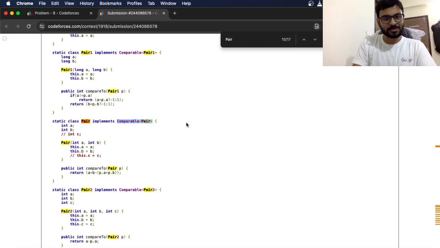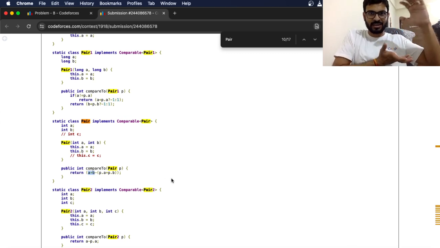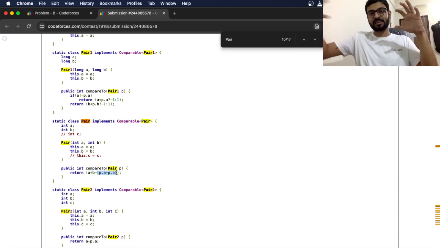So this much you just have to say: compareTo using these parameters A and B. A plus B means current index A and B, and P dot A plus P dot B means the other one. So you are comparing current against the other one.